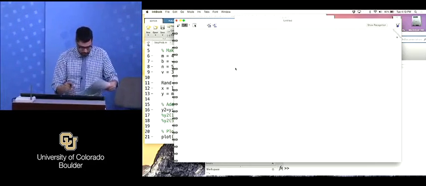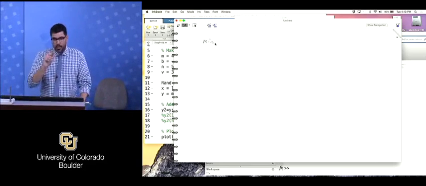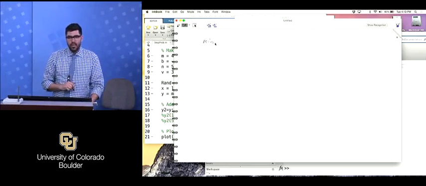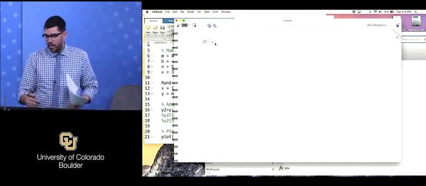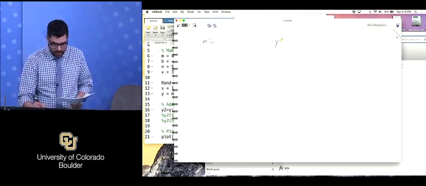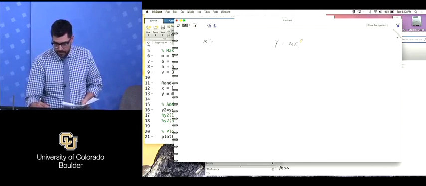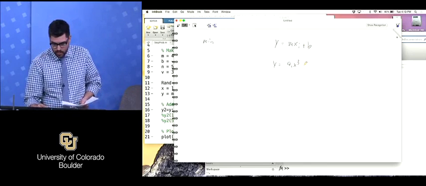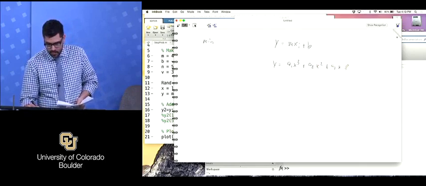So let me write this. And this is an important view of it. I'm going to write least squares again, and we're going to focus on linear functions. Now, my function could be y equals mx plus b, versus y equals a1 x cubed plus a2 x squared plus a3 x plus a4.